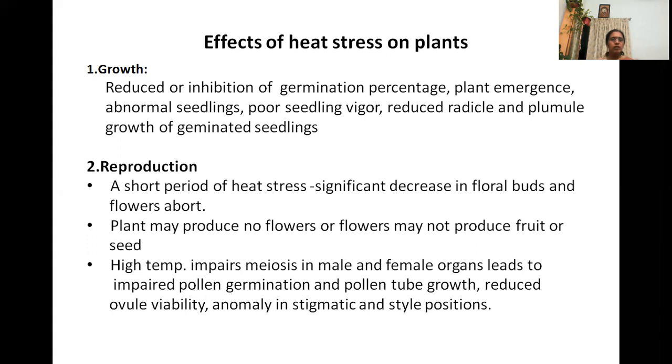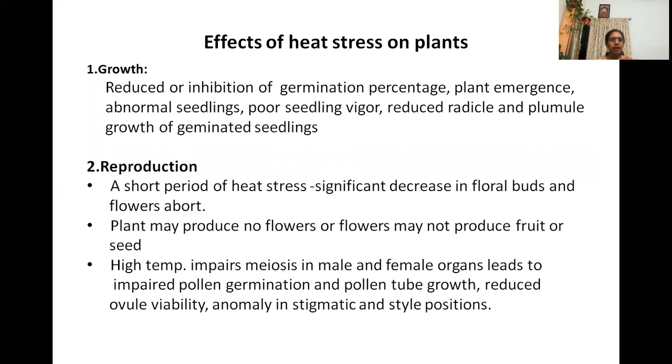See, growth in all the plant parts, starting from seed germination, occurs. So the effects are seen in the germination percentage, plant emergence, and then abnormal seedlings, poor seedling vigor, reduced radicle and plumule, and finally growth of germinated seedlings at the seedling level.